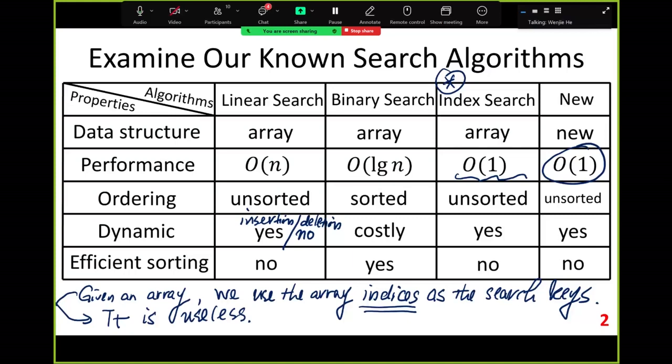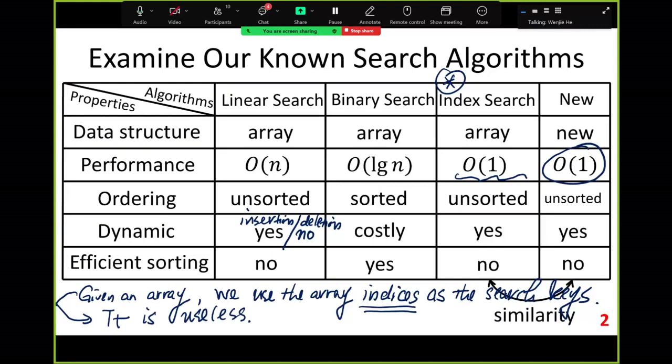So that's the new search algorithm in our mind.